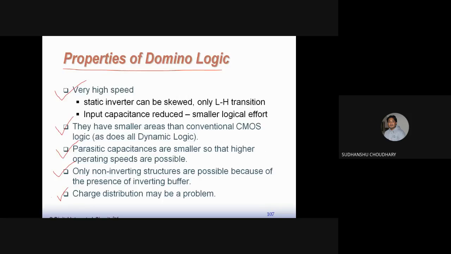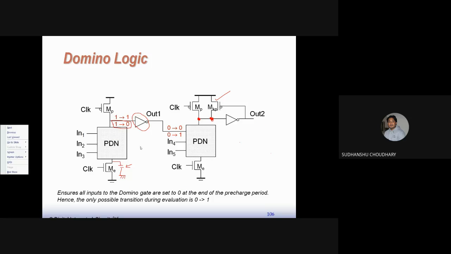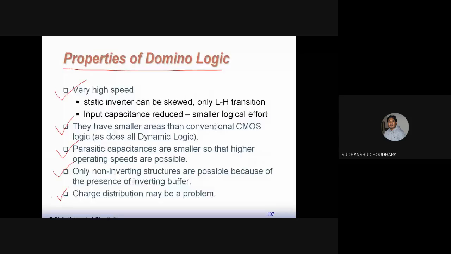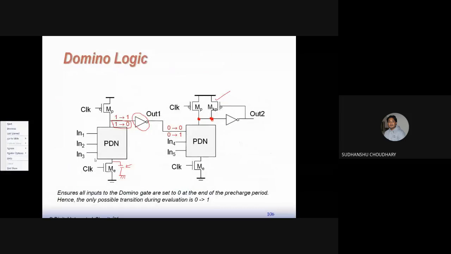Right. So earlier we had both networks as pull-down networks while cascading the dynamic gates, but it is possible to cascade two dynamic gates which have two different types of network, that is, a pull-down network and a pull-up network, using NMOS and PMOS. So you don't need a static CMOS inverter to cascade them. The only change you make here is that earlier we were supplying clock to both the cascades.